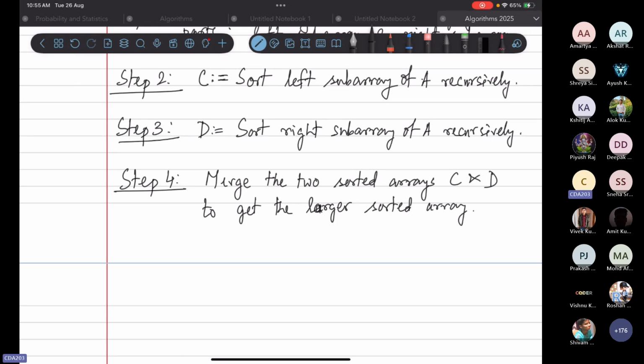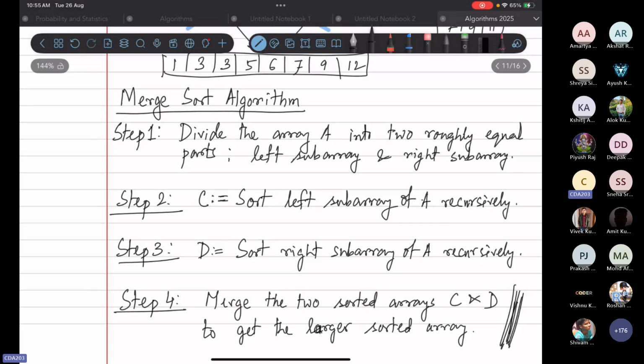Okay, this step I need to explain in detail, but for the timing, as you said, just assume that you can do it. Then whatever I have written here is the whole merge sort process. In this merge sort process, you are using merging two sorted arrays as a function.